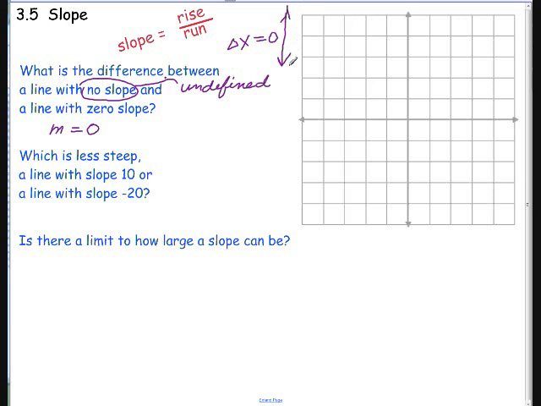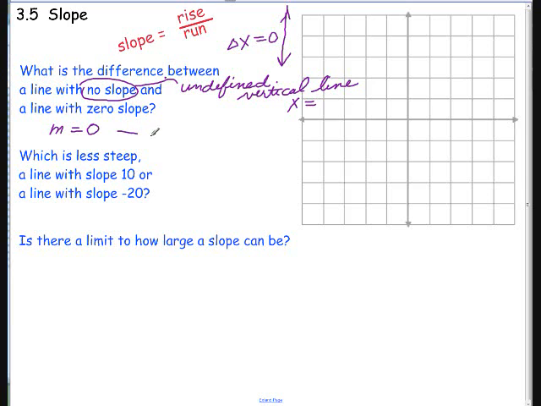There's no change in the run. So the undefined slope is a vertical line. It would be x equal to something. And a line with 0 slope, here you would have a change in the run, but you'd have no change in the rise.